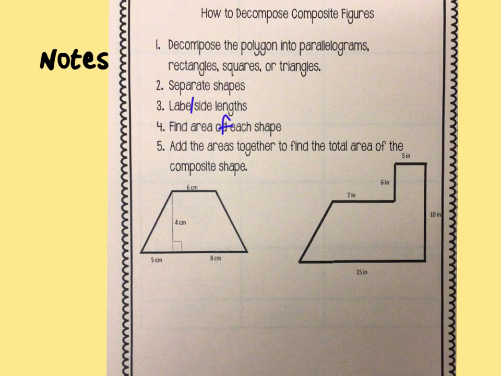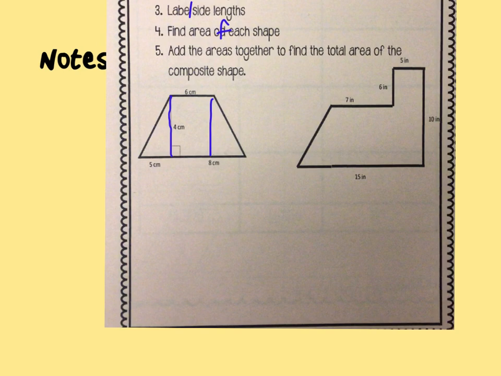On this one, like I talked about on the first slide today, we are going to decompose this polygon. There are 2 triangles and a rectangle. The way that I like to approach these, when I'm dealing with more than one shape, is to make a space to find the area for each one of these shapes.